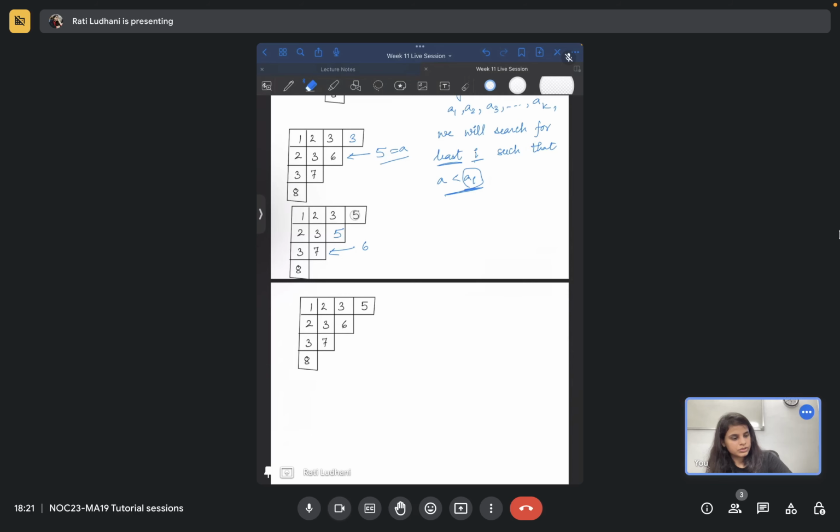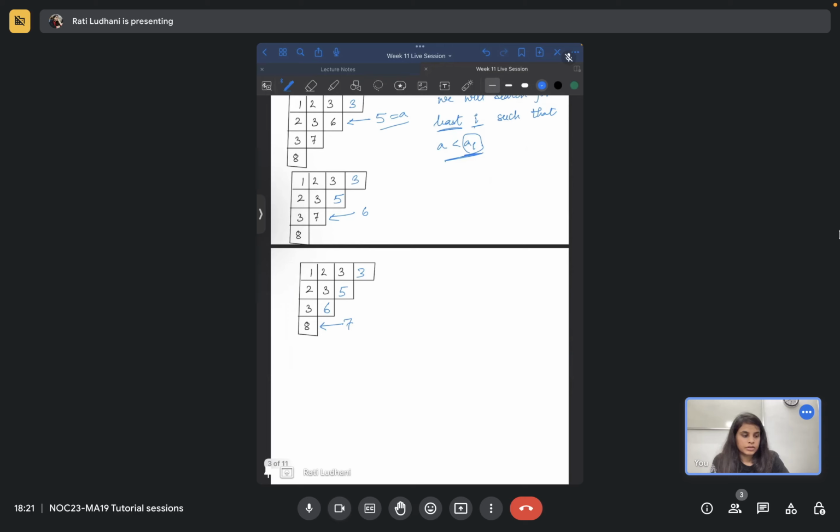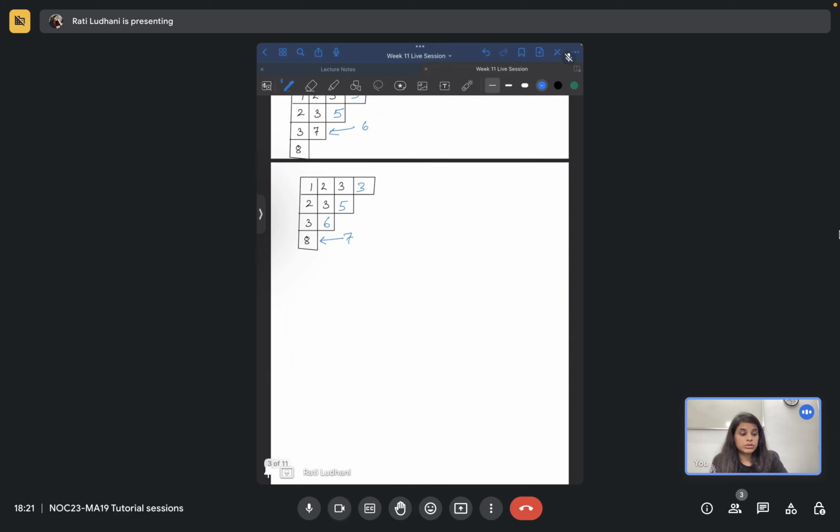Yes, next is 7. As you said, we'll get 6, and this is 5, this is 3. Now 7 has been replaced by 6, so 7 needs to be inserted here. Next step, the same thing.